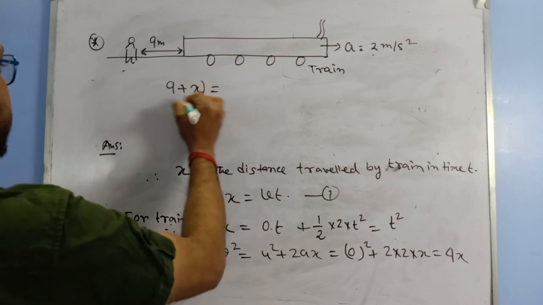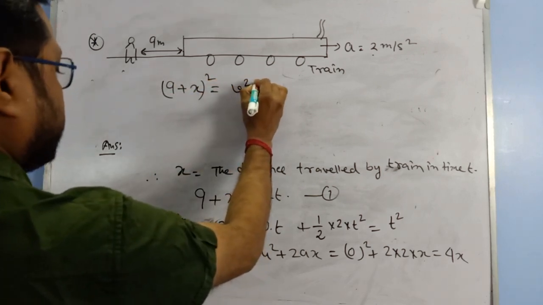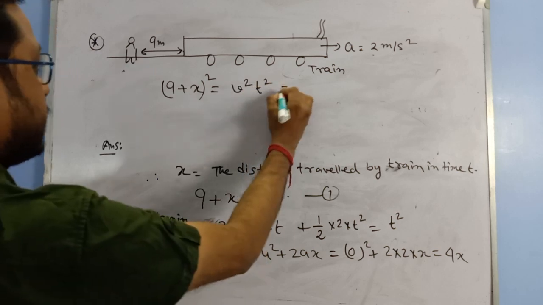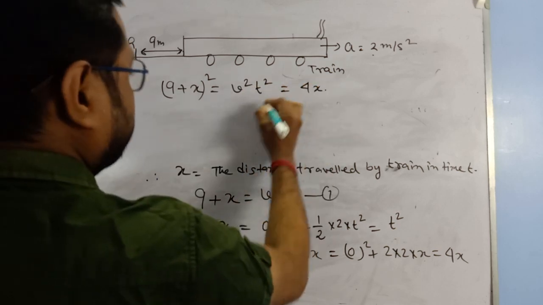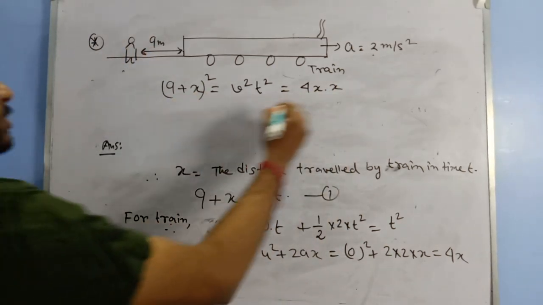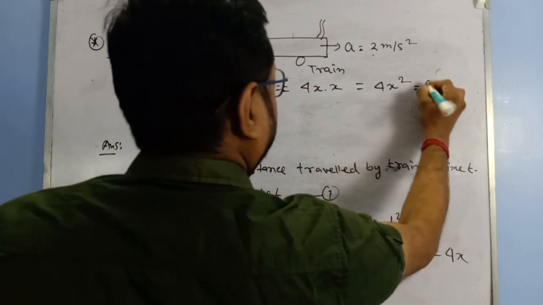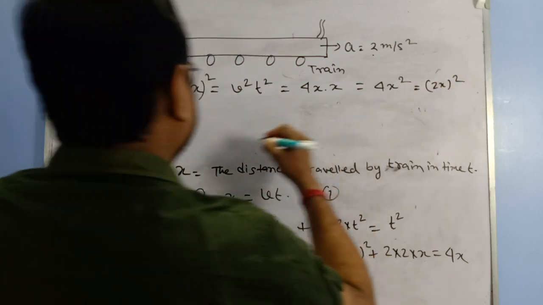So 9 plus x whole square equal to v square t square, that is 4x into t square means x. So 9 plus x whole square equal to 4x square, or twice x square, okay.